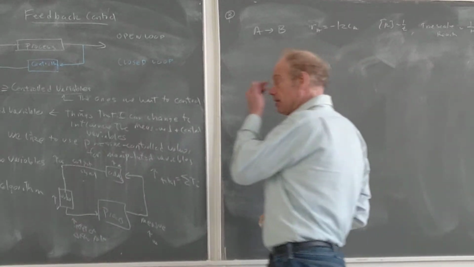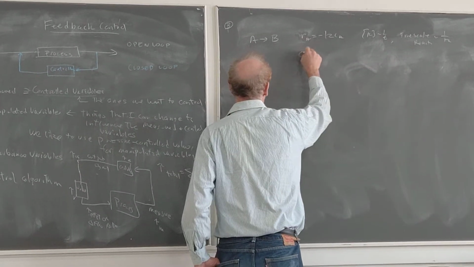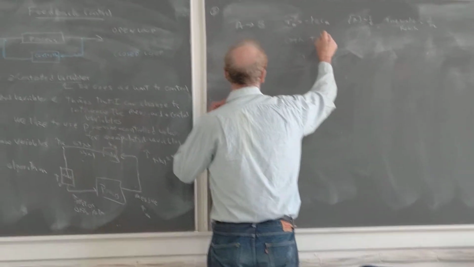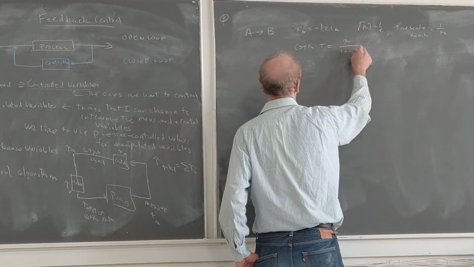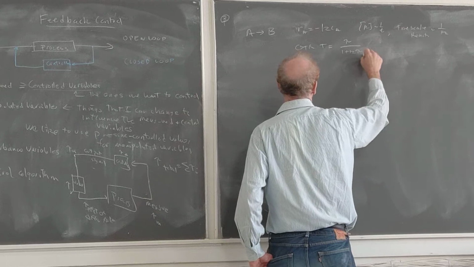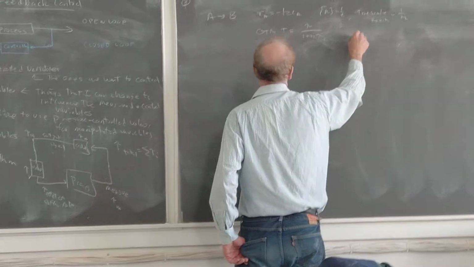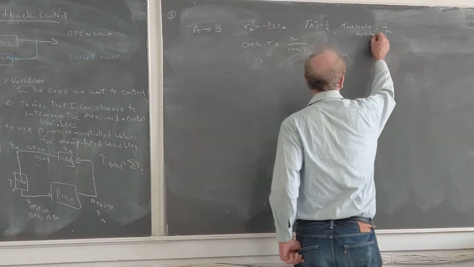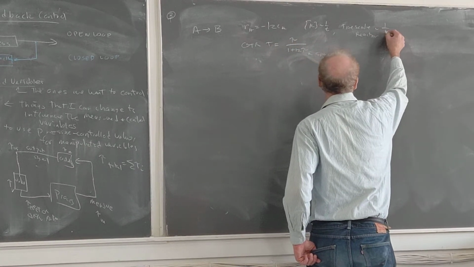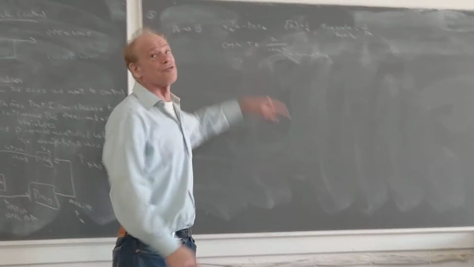But we saw that the time scale of the CSTR is equal to tau over 1 plus k tau, where tau is the space-time. So here, 1 over k is the time scale of the reaction, and this is the time scale of the reactor.